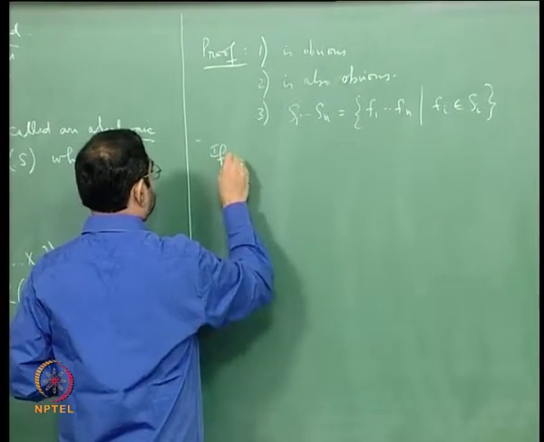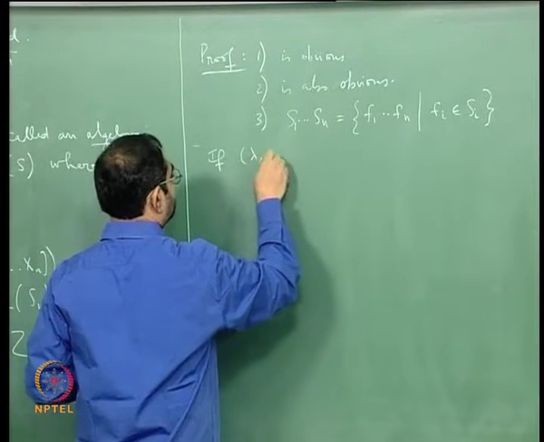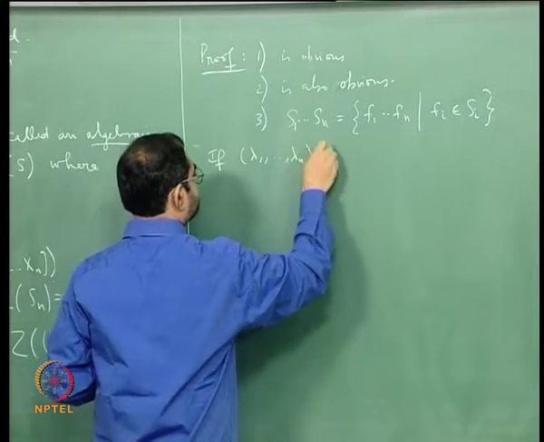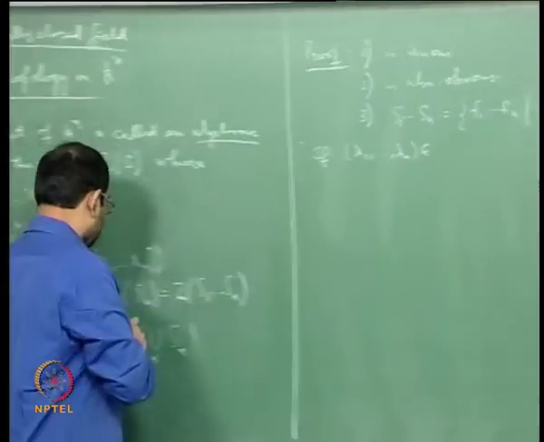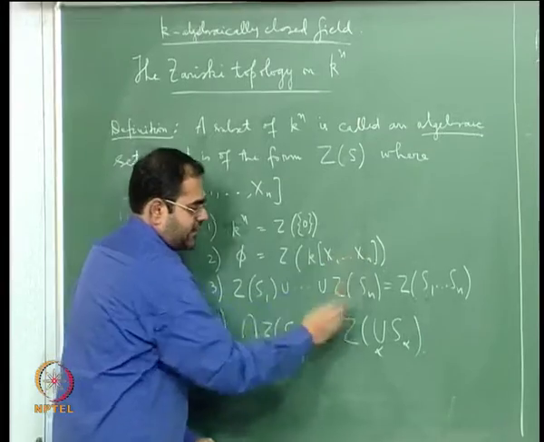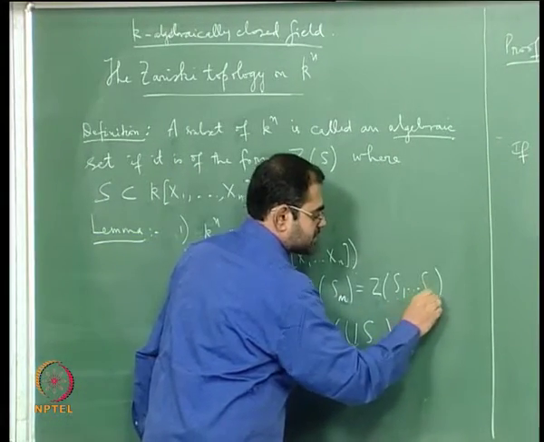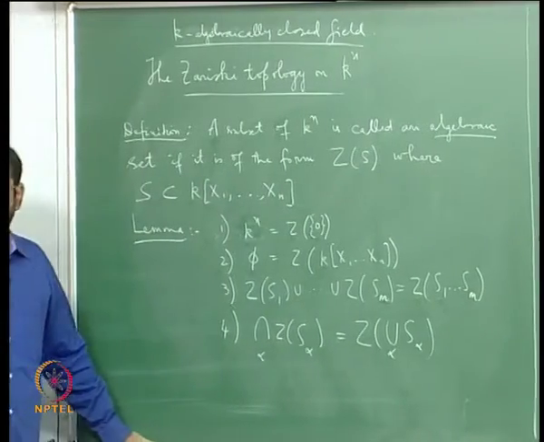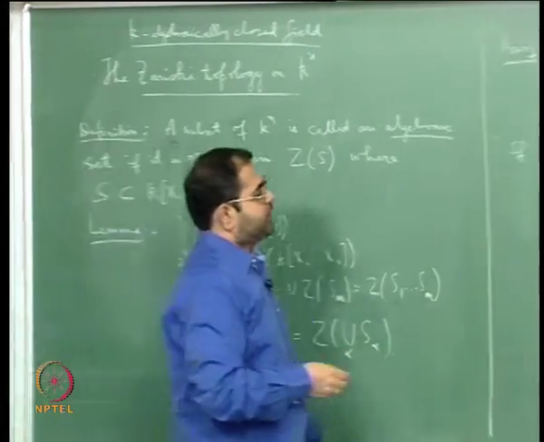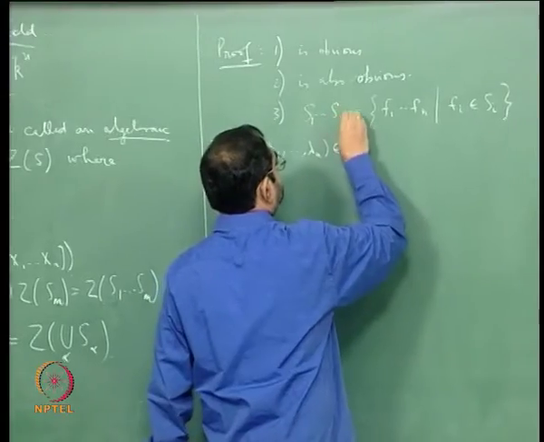If you have a point lambda 1 etc. lambda n, oops, I don't want this n to be the same as that n, so let me change this to m, because this could be any number of subsets, but it has to be a finite number. So let me change it here as well.